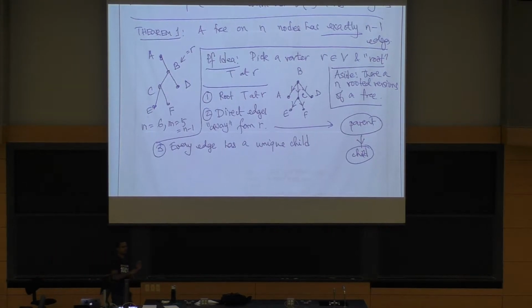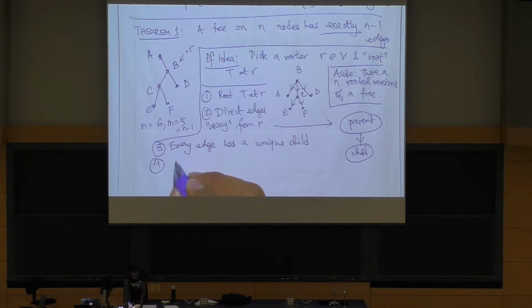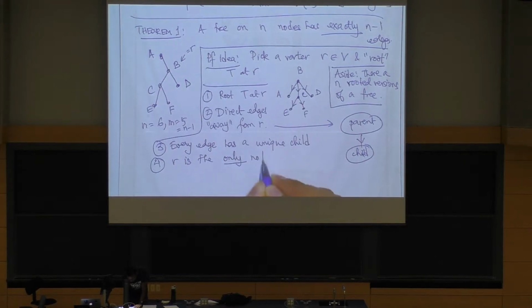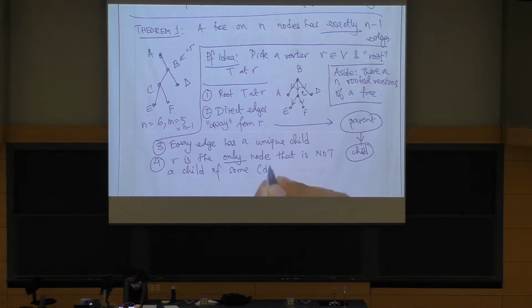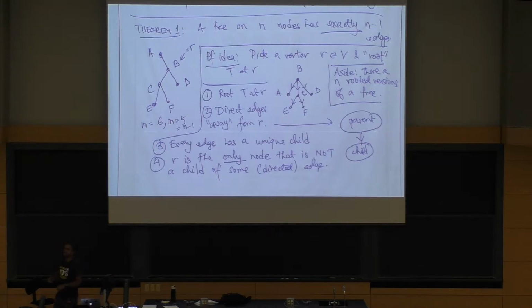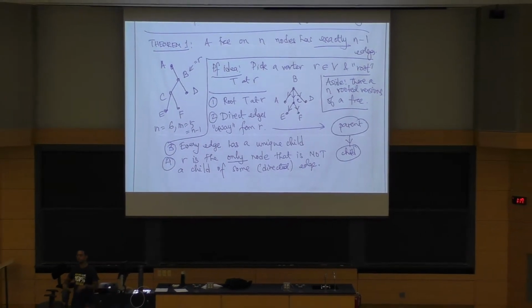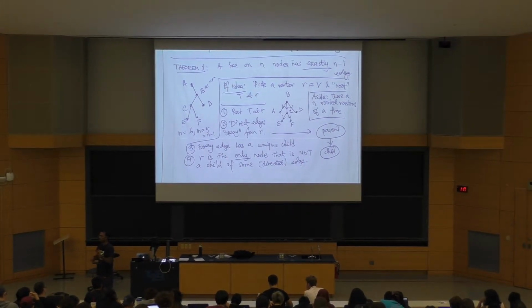And then we're going to argue that there is no edge pointing towards the root. So the next thing we're going to argue is R is the only node that is not a child of some directed edge. We're going to argue this formally in the proof details, but just to say, we pick a root, orient everything away from the root, then we'll argue that every edge points to exactly one node, and the only node that has nothing pointing towards it is the root.